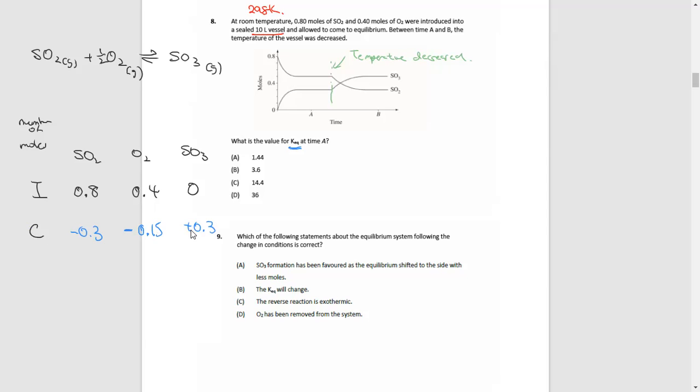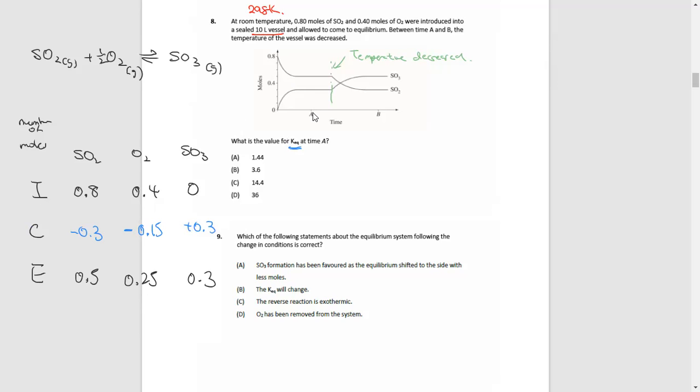Given that these are the changes, you'll have the end amounts of the moles, and 0.8 minus that will be 0.5, which is confirmed. 0.4 minus that is 0.25, and 0 plus 0.3 is 0.3, which is confirmed. So this is the number of moles at this point of time, A.